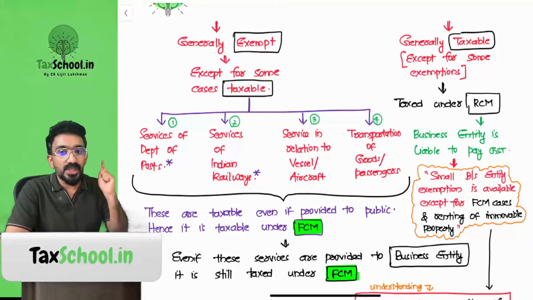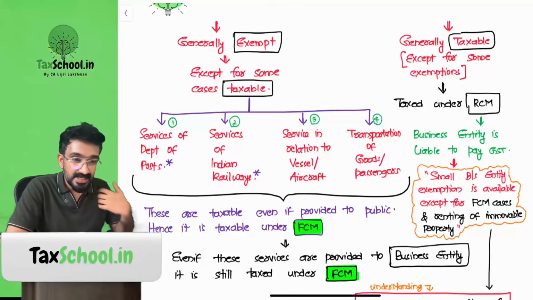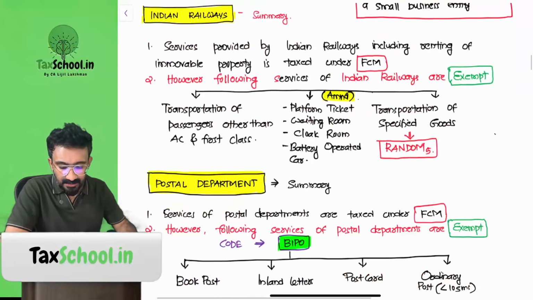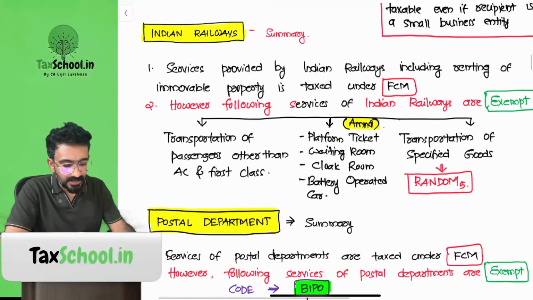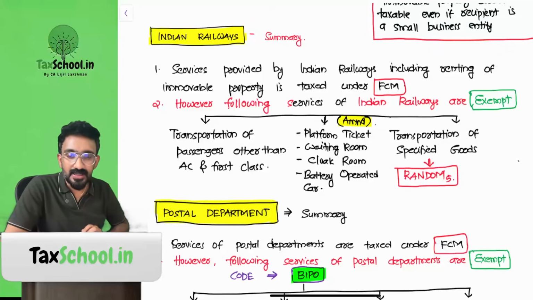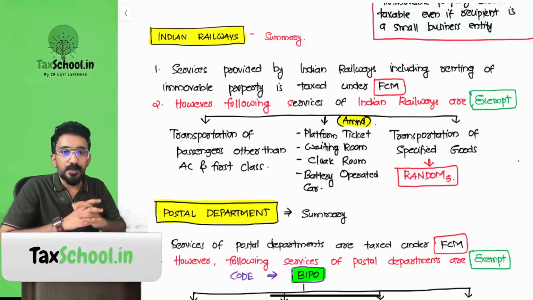Point number one. Now you can see that for the Postal Department and Indian Railway, I put a star mark because I've summarized the entire point here itself in our understanding. So let's look at the Indian Railway summary here. Let's try to understand that in full. I've written two points. Point number one, services provided by Indian Railways, including renting of immovable properties, are now taxable under FCM.